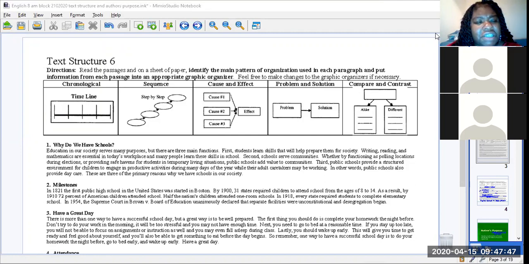So you said you picked sequence for number 1. Okay. Can you tell me why you picked that one? Like, what were some of the words that stuck out to you for you to choose sequence?